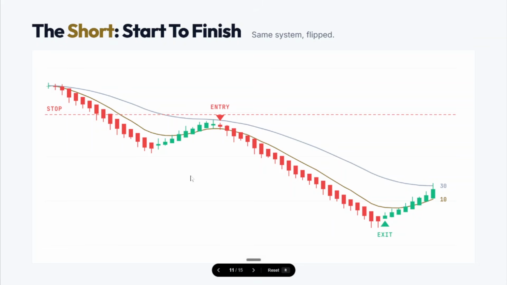Now when you hear about this, you might be thinking, okay, but this doesn't happen all the time. It's not all the time that the market turns into red candles and then we have a lot of red candles. Yes, it's true, but here's what you need to understand. You also need to use other things like the trends and moving averages to be able to get better entries with this.